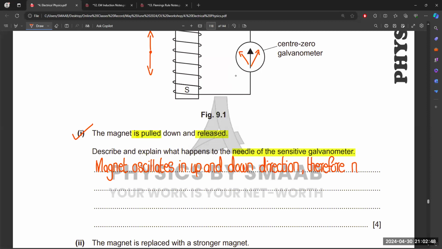Therefore, the needle oscillates back and forth.